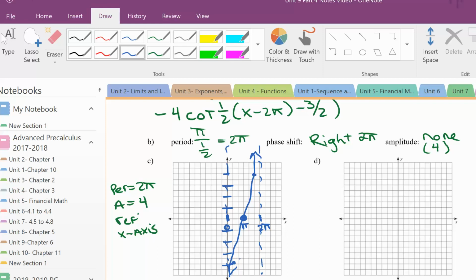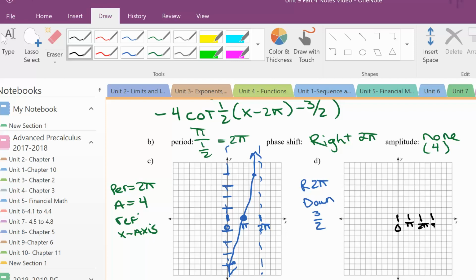So now the next thing you have to keep in mind is the right 2 pi, and then it's going to go down 3/2. So the right 2 pi means that now here's 0, here's pi, here's 2 pi.